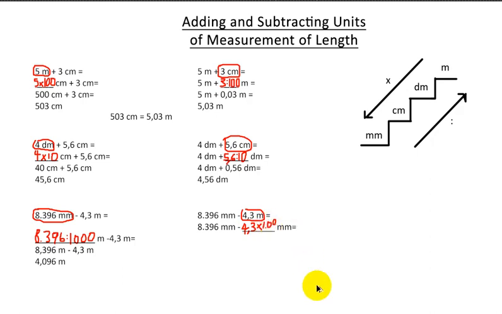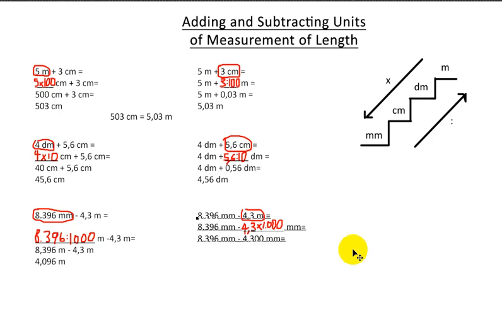So you know what we're going to do. Through the magic of computers, we're going to extend this line. So we have 8,396, that remains the same, millimeters, minus 4.3 times 1,000 makes 4,300 millimeters.